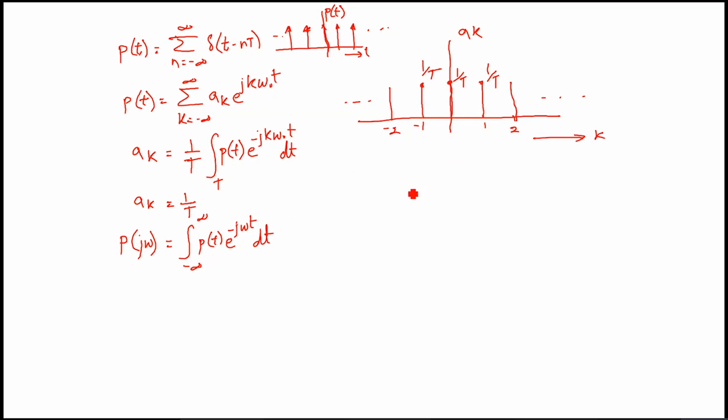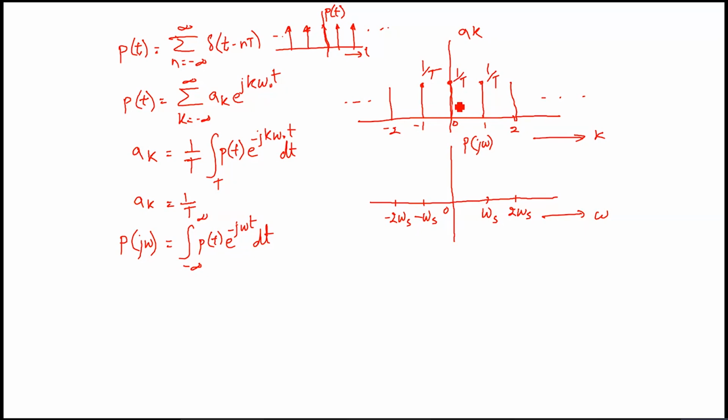There is another way where we can take the Fourier transform, and we know that this a_k is sort of an equivalent for your P of j omega. So if we have this omega axis and this k axis, 0 corresponds to 0, and 1 corresponds to omega s or minus omega s. You can call it omega naught or whatever. So this is basically the fundamental frequency.